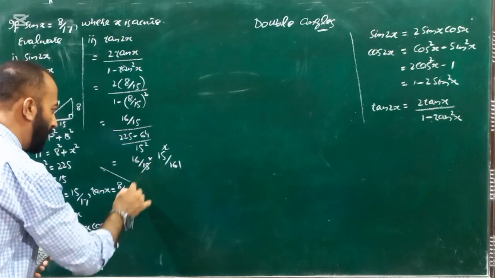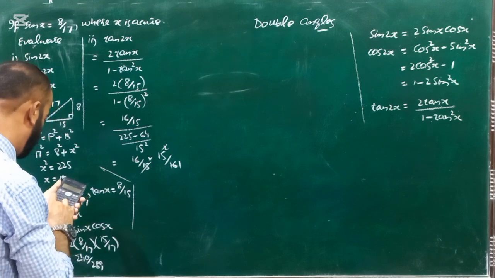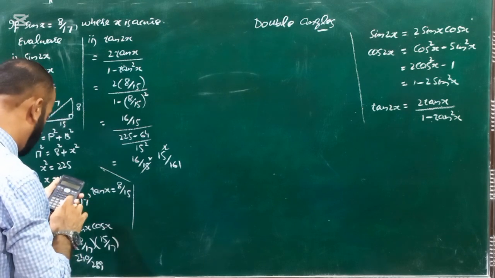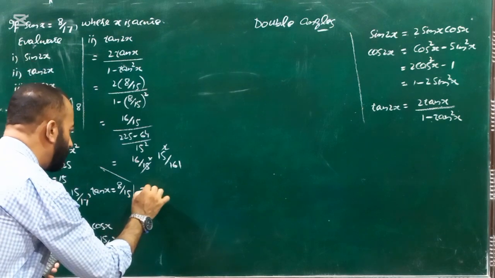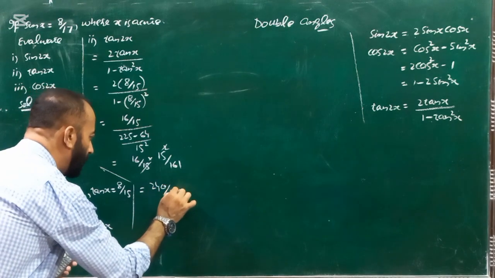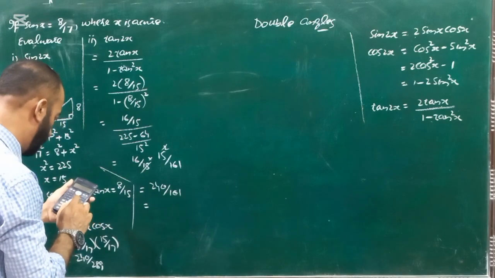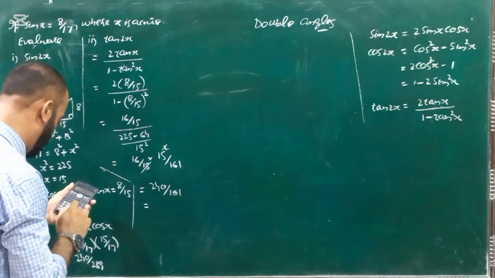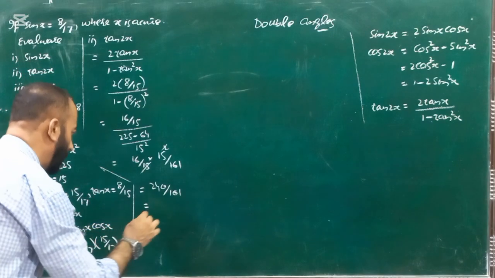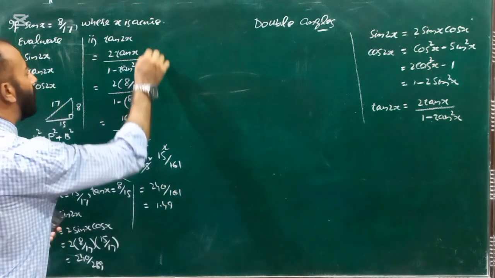So 15 will be cancelled here. So 16 into 15, 240 over 161. So this is an improper fraction. So solve it now. 240 over 161 is 1.49. So 1.49 is the answer of this part.